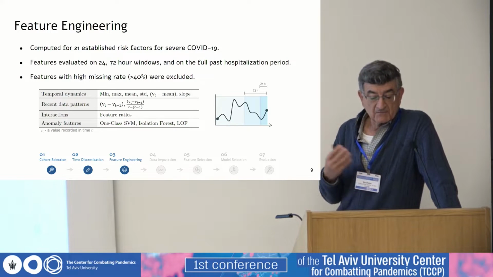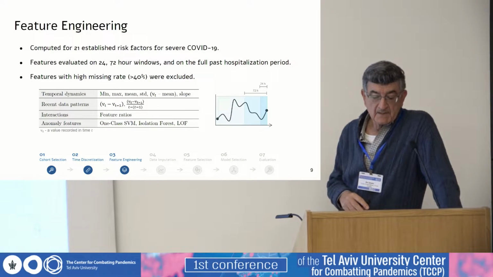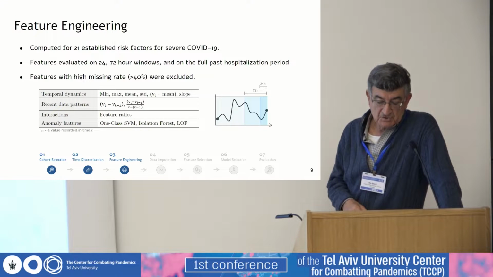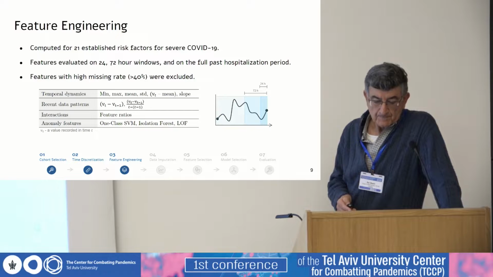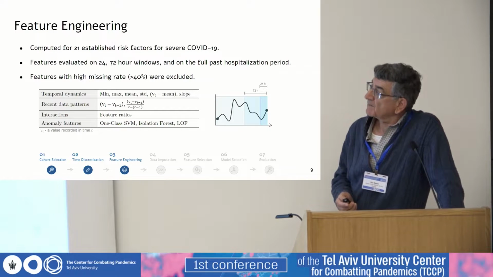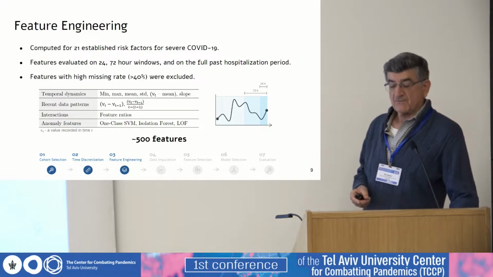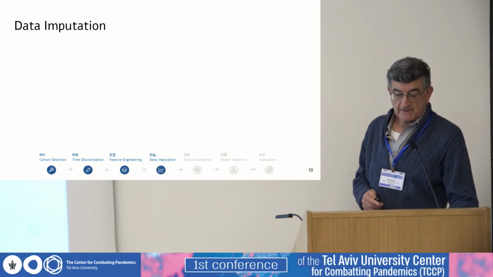And we created features of difference between consecutive time points, the ratio, interactions, anomaly, etc., and excluded the features that had a high missing rate. Altogether, this ended up with about 500 features that were fed into the modeling.